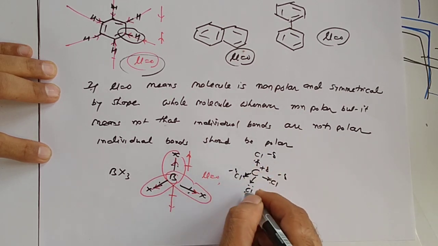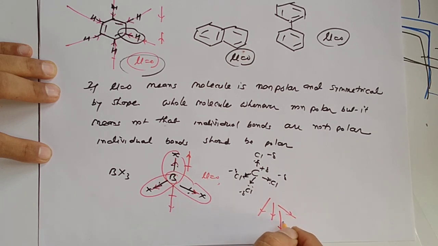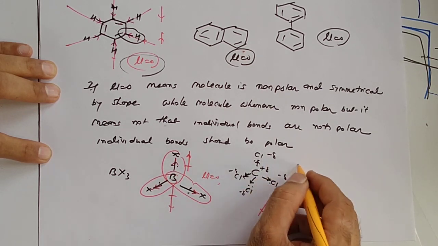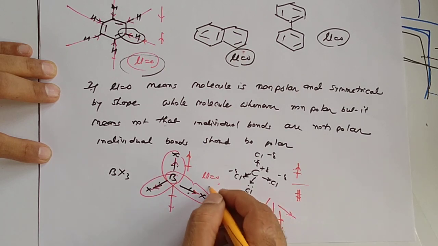So here net polarity will be 0. Why? These 3 vectors are downward, and the average of it should be downward. Now the upward and downward vectors are similar, so the net dipole moment becomes 0.